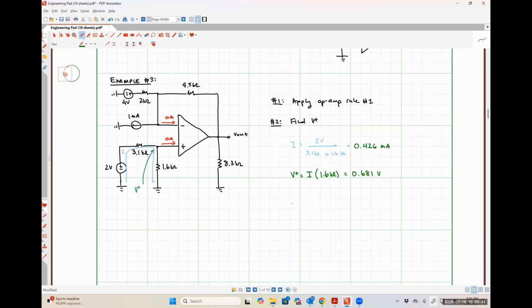So the second way to do this would be V plus is equal to 2 volts times 1.6 kilo ohms over 3.1 kilo ohms plus 1.6 kilo ohms, because we're interested in the voltage between the non-inverting input terminal and ground, which is the voltage drop over the 1.6 kilo ohm resistor. So we would have 2 times 1.6 over 3.1 plus 1.6 comes out to be 0.681 volts. So either way works.